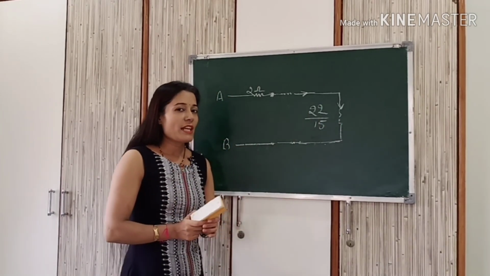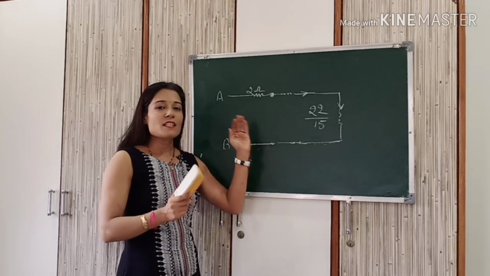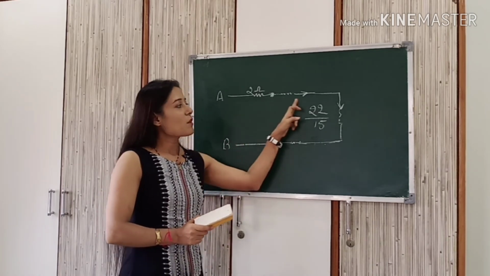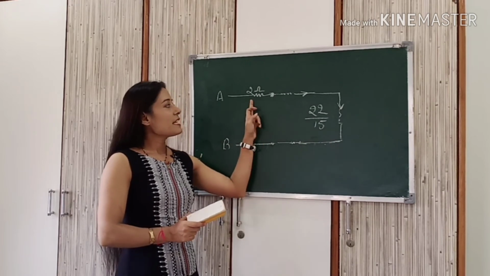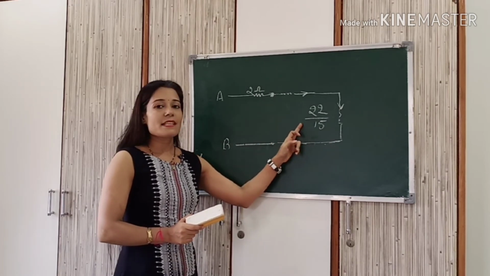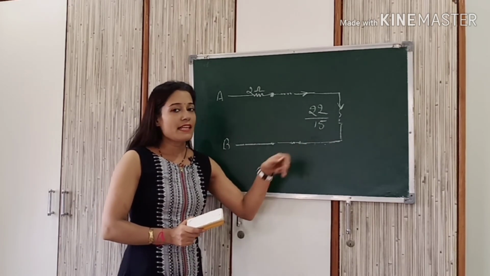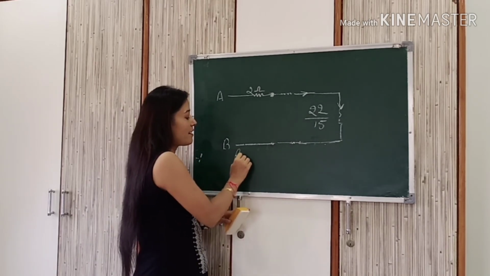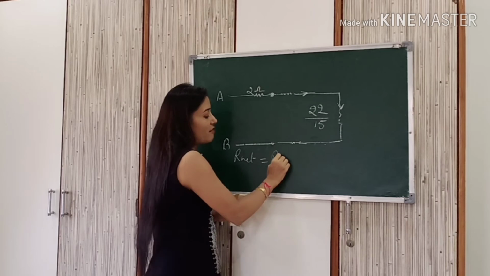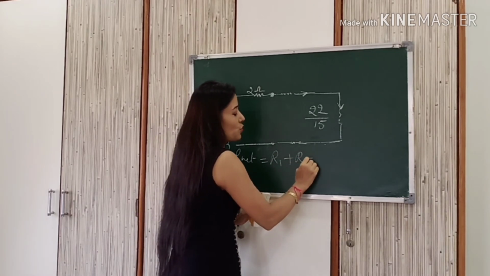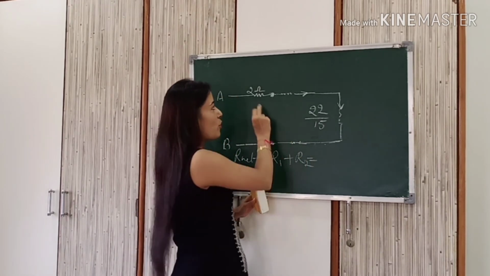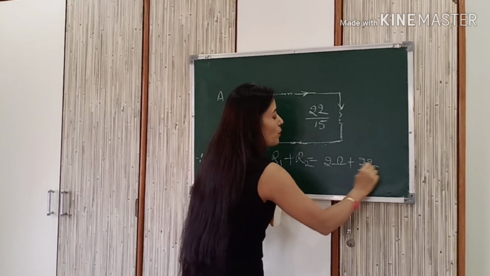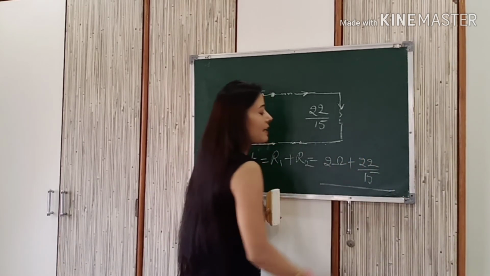So now you can see that the circuit has been simplified very much, and it has come into series combination, and these two resistances now are in series combination. So what will we do? We will add them. R net is equal to R1 plus R2, that will be 2 ohm plus 22 by 15, and now we will calculate.